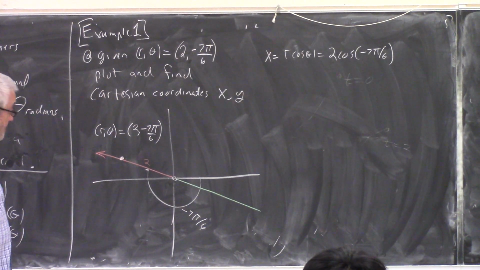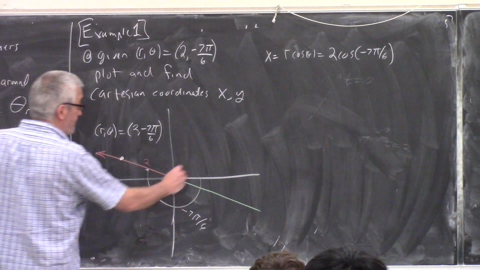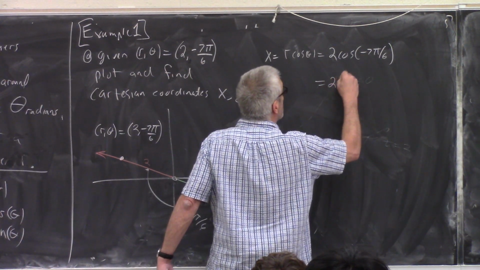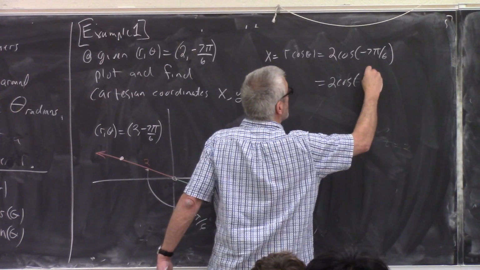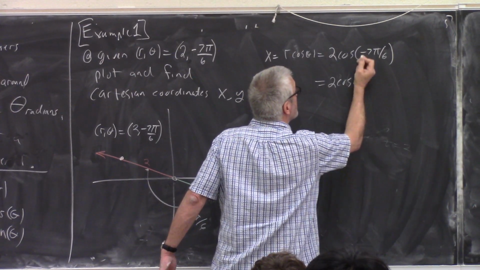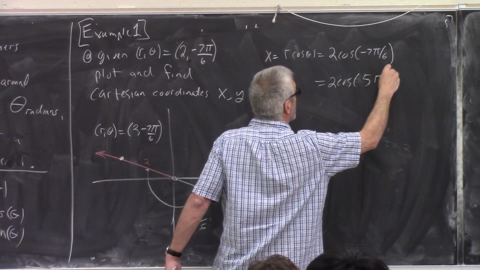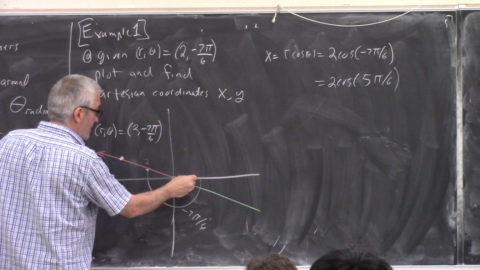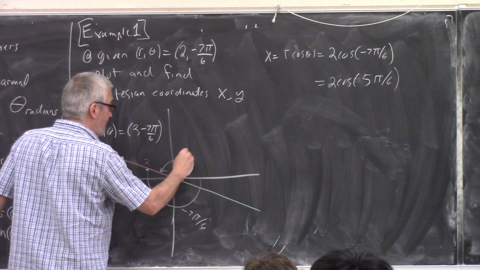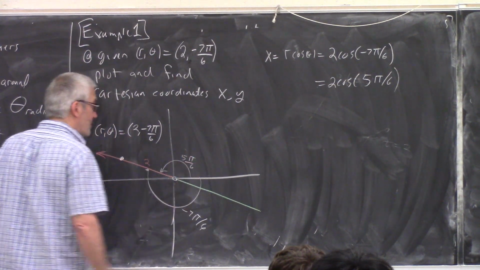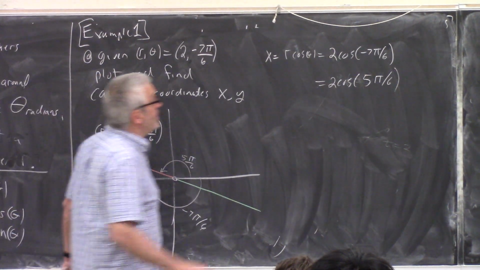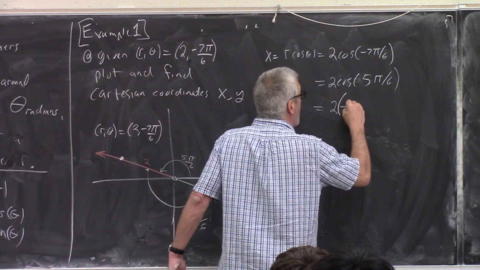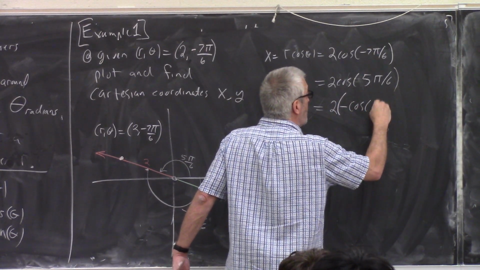Well, the cosine of this angle is the same as the cosine of 5 pi over 6, because this is 5 pi over 6. And that's going to be 2 times minus the cos of pi over 6.